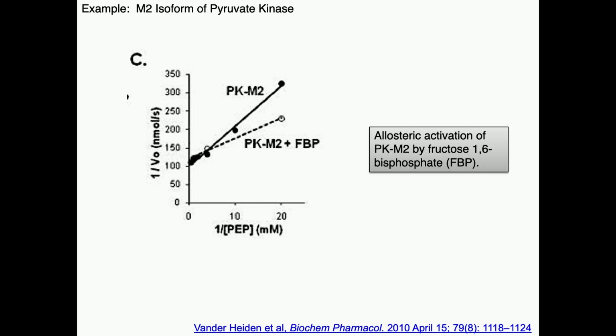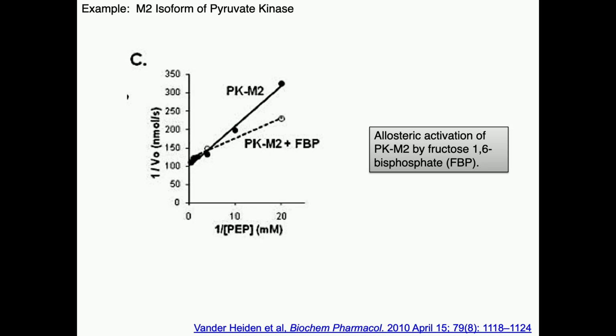Okay, so what's the significance of the pyruvate kinase M2 isoform? The M1 isoform is present in muscle and a lot of other tissues, and there's a splicing variant of that same gene that makes the M2 variant.